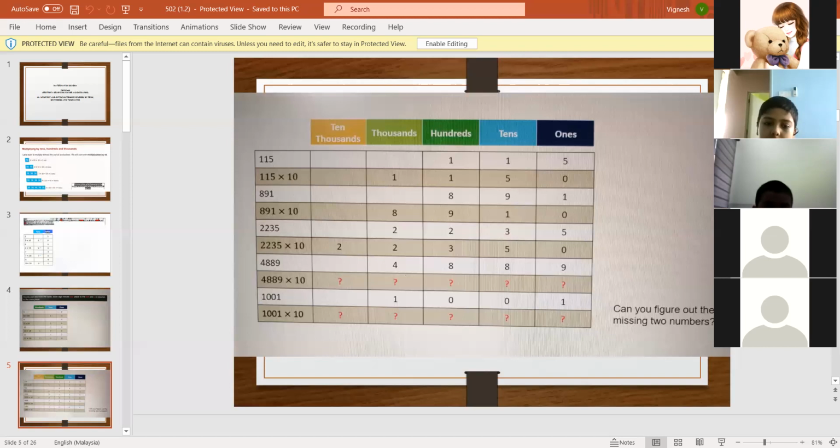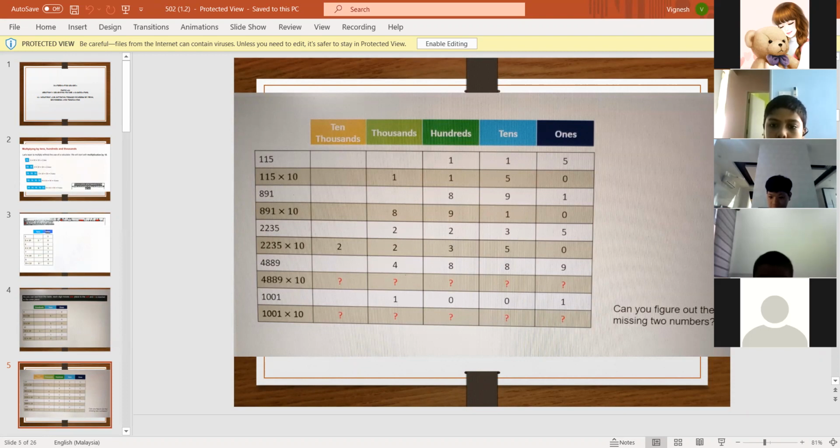How about the second number? Who wants to try? The last one, 1,001 multiplied by 10. Which numbers do you need to insert in the second box there? Who wants to try? Nobody wants to try, so we just end the call. You can do your own work. It's just a simple question.